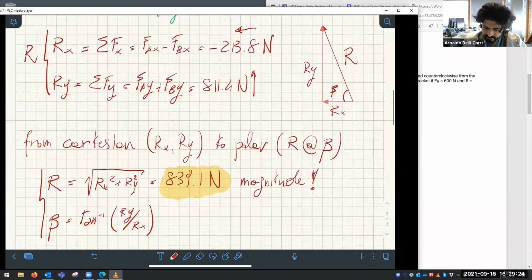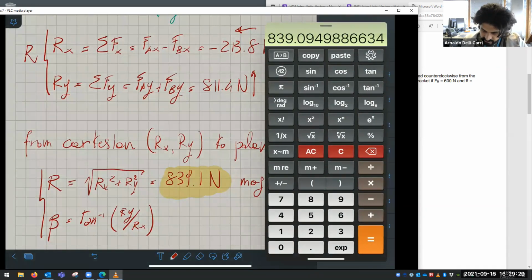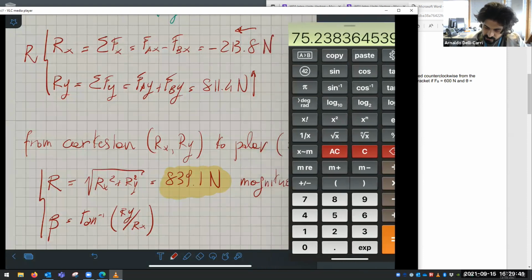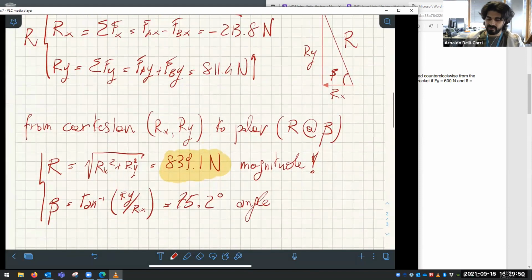If I take 811.4 divided by 213.8 and take the arctangent, making sure this is in degrees, this is 75.2 degrees. This is the angle from the negative x-axis. This beta is the angle from minus x.